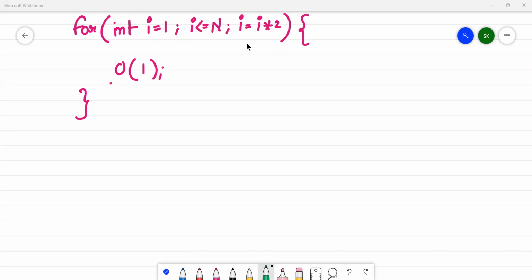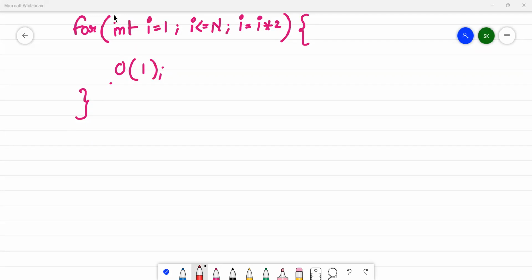So if we remove the 2, it'll happen like I plus plus, then it'll be n times. And if I have it as twice, it'll be kind of half, hypothetically. Comparing to I plus plus, it'll be n times, and when it's multiplied by 2, it'll be half of n.